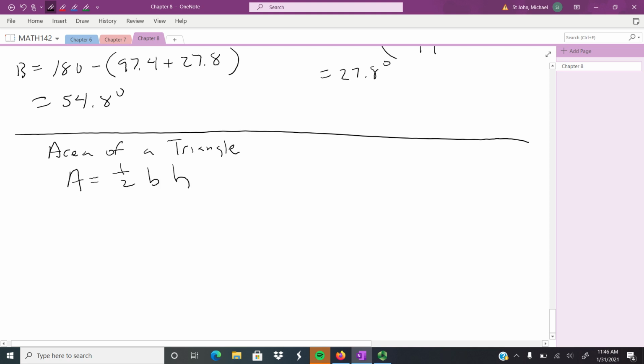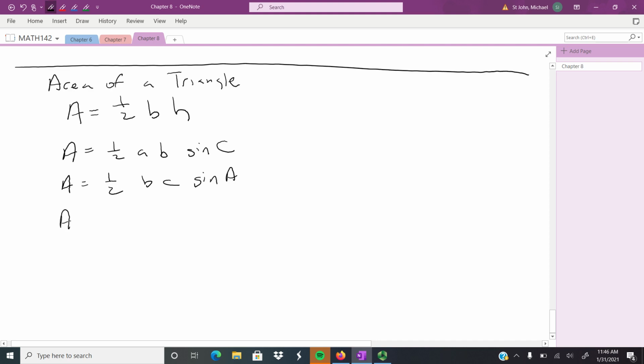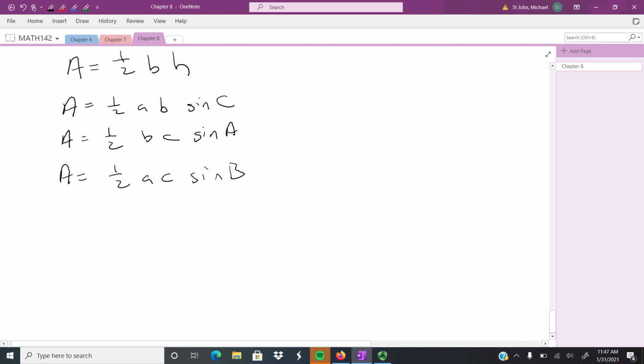Now, we can write this out a few other ways, and that is the area is 1/2 AB sine of C, or area equals 1/2 BC sine of A, or area equals 1/2 AC sine of B. So you have given something like this.